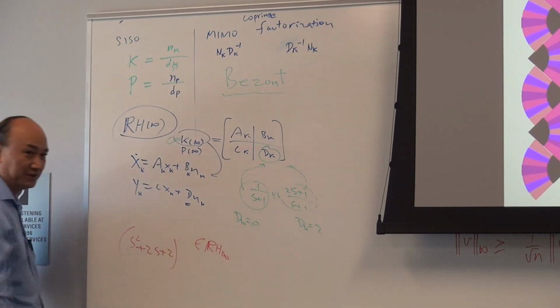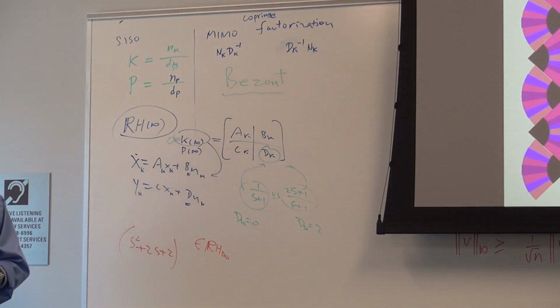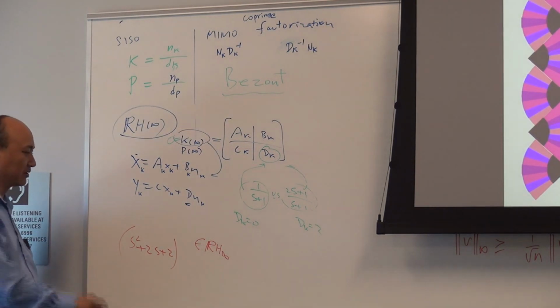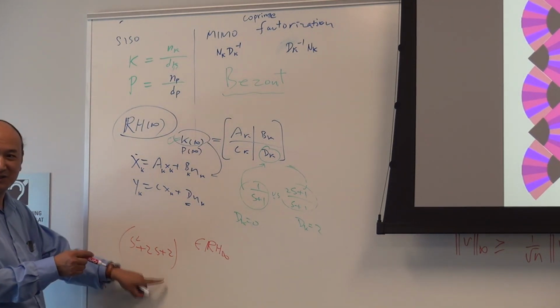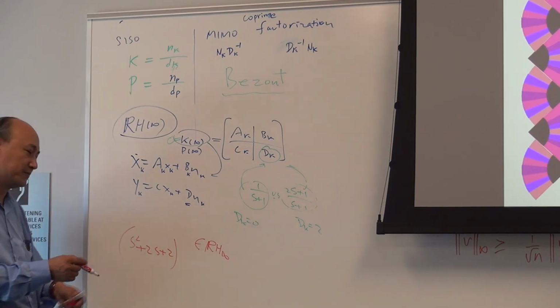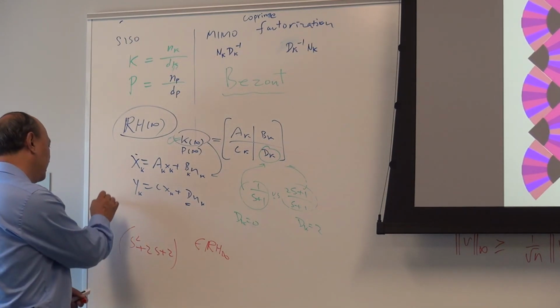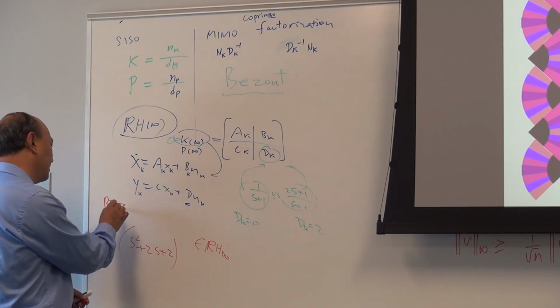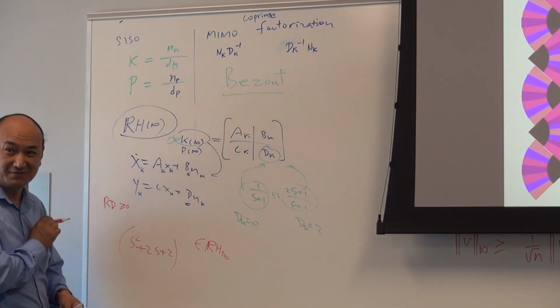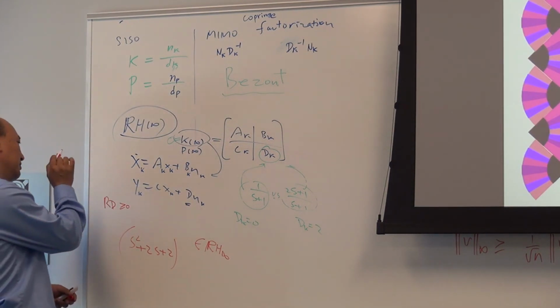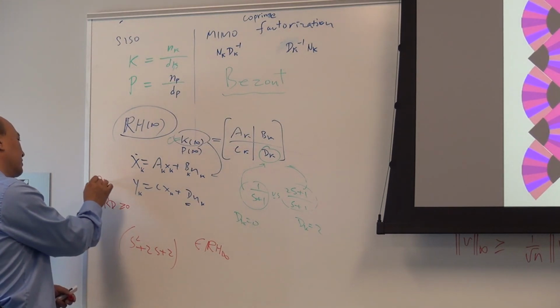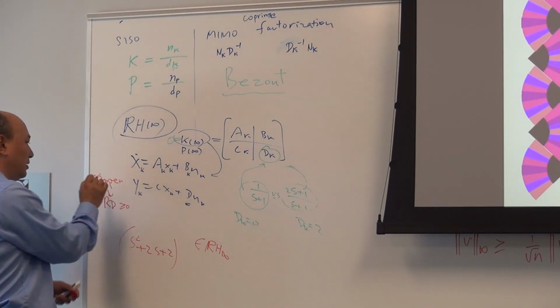Now if you only have this one, is it in RH infinity? No, it is not, because the relative degree is 0 minus 2, which is minus 2. A relative degree greater than or equal to 0 is called proper.